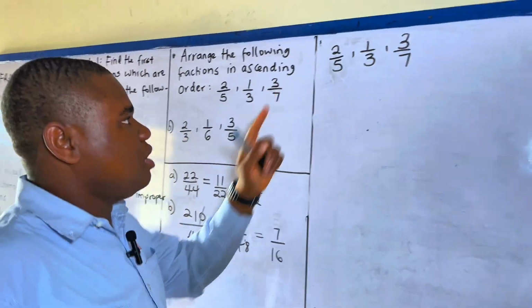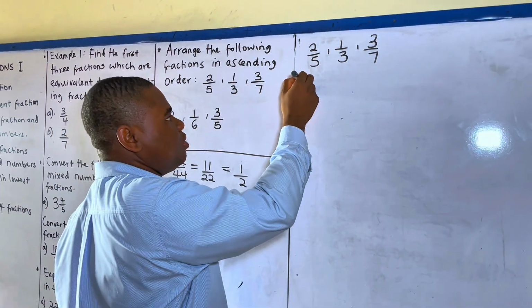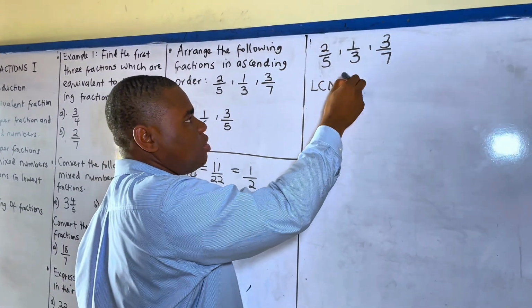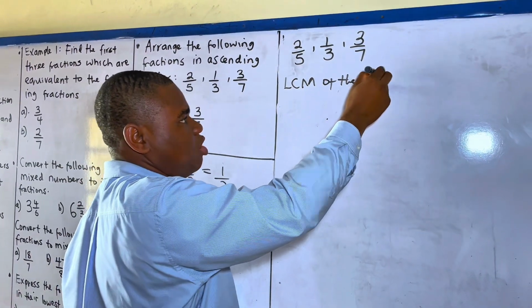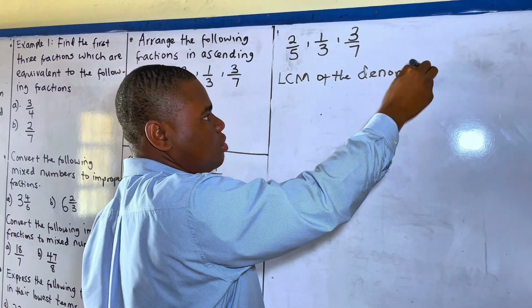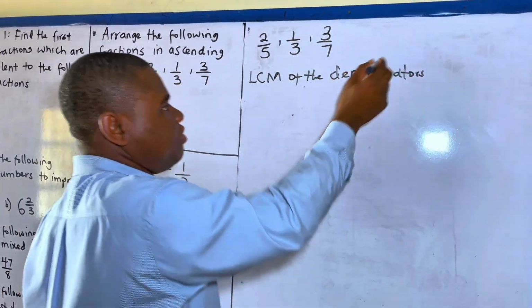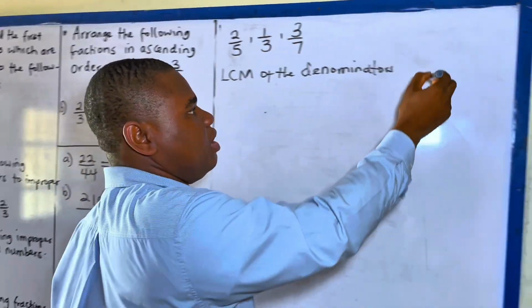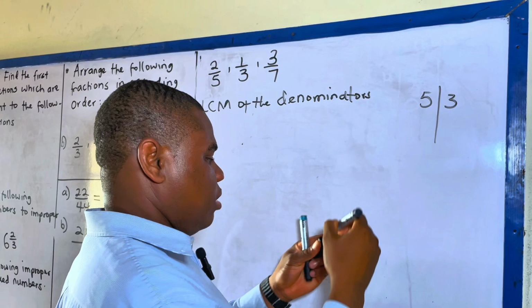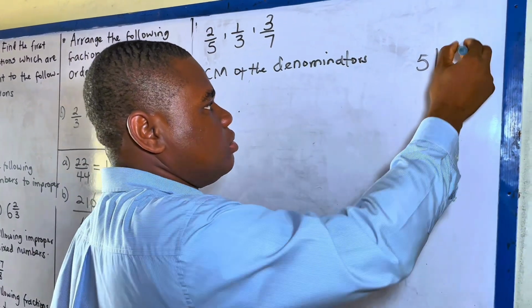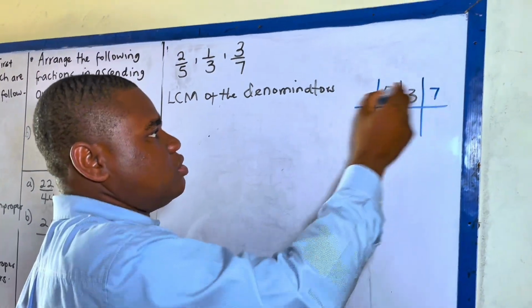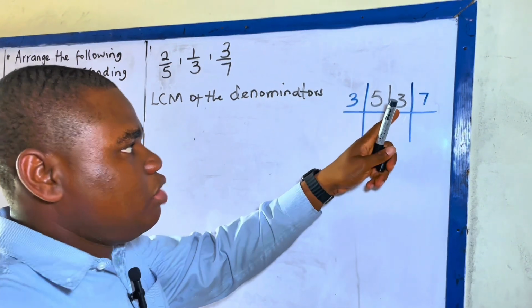For the first thing, we are going to find the LCM of the denominators. So we have 5, 3, 7. 3 goes first because 3 is the lowest term there.